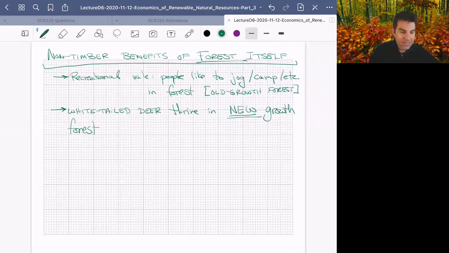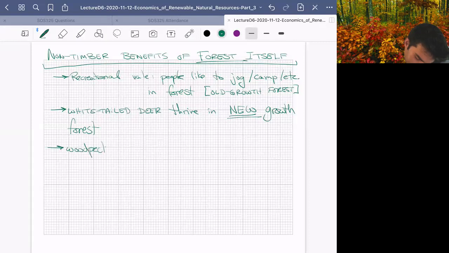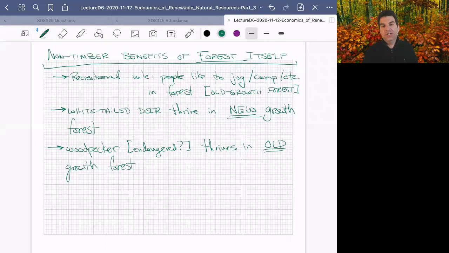But on the other hand, there might be a particular woodpecker, for example, and it could be an endangered woodpecker, perhaps. And it thrives in old growth forest, because that particular woodpecker or flicker or whatever you like really needs to be in hardwood trees, potentially infested by insects and sap.